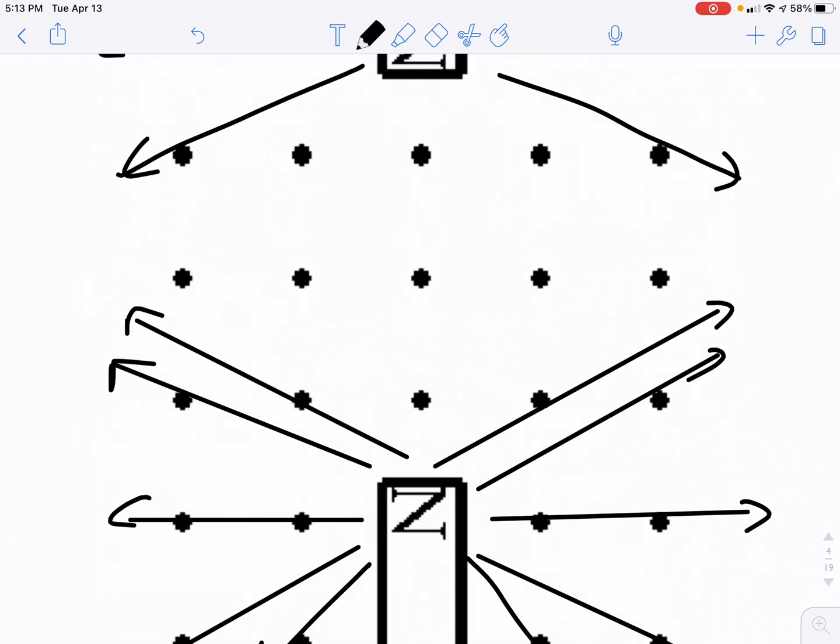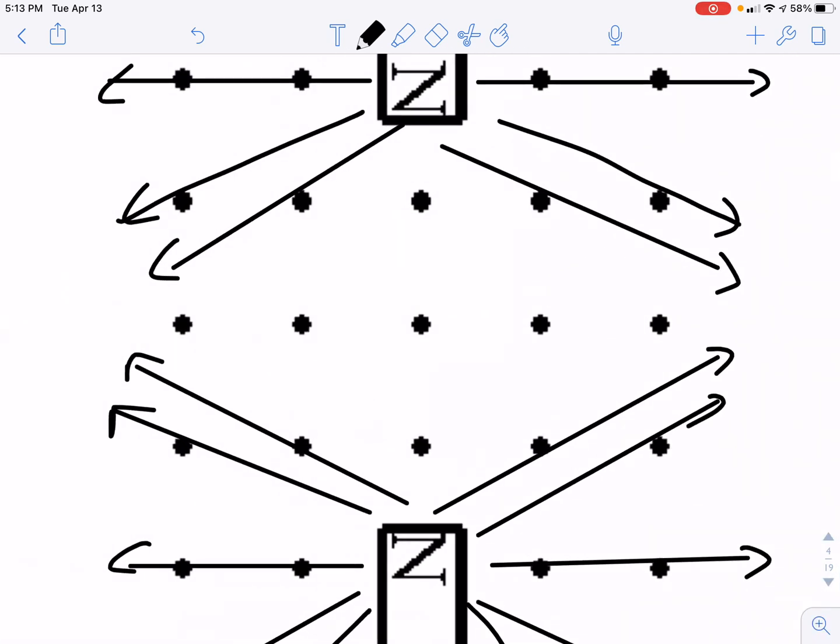And what we get is magnetic fields that are going to repel each other in the middle, so that there is no field in between two north poles, as two north poles would repel each other.